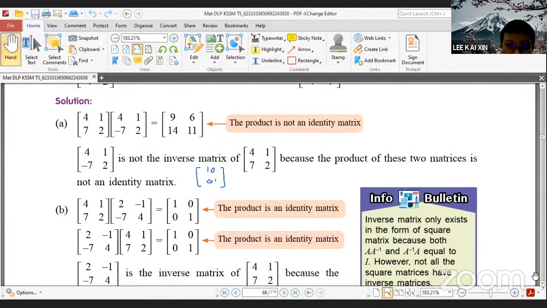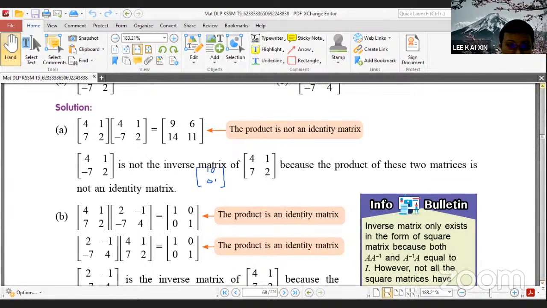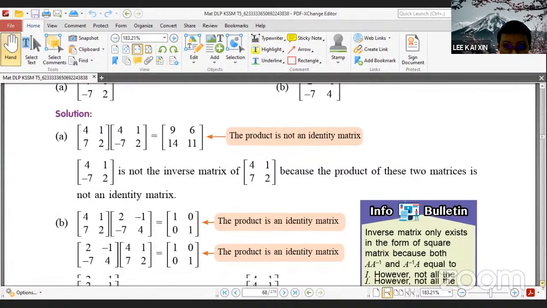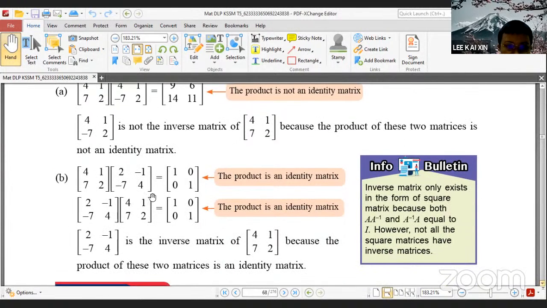How about the second one? B, 2, negative 1, negative 7, and 4 is the inverse matrix of the first part, 4, 1, 7, and 2. So when you times it, yes, it's an inverse matrix because it comes out an identity matrix.